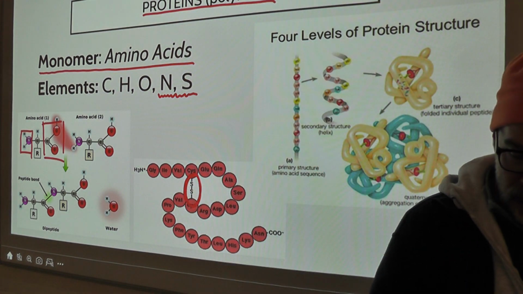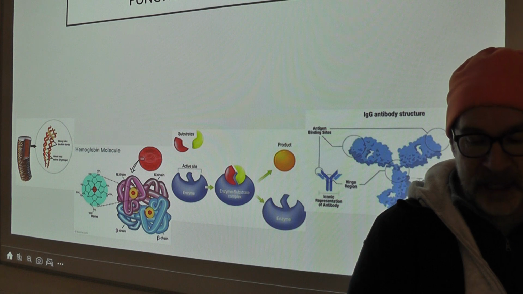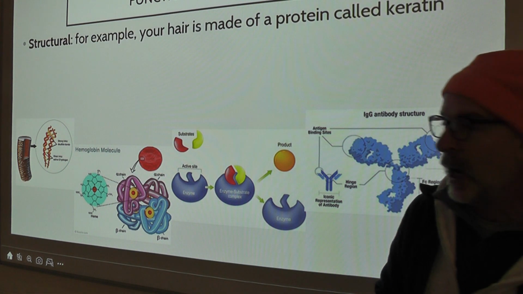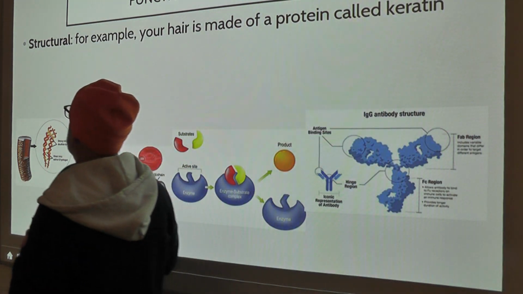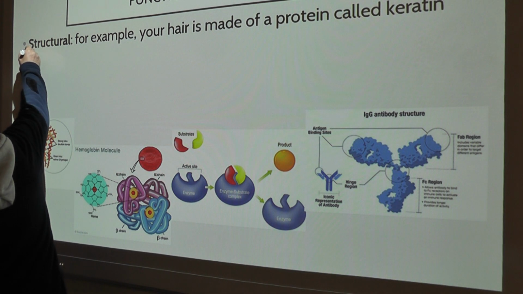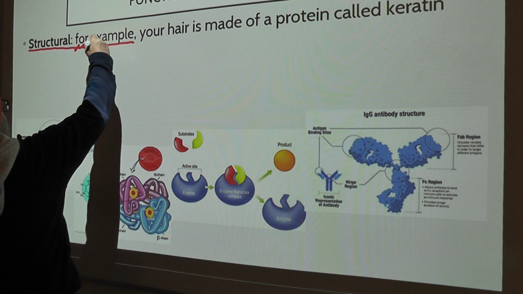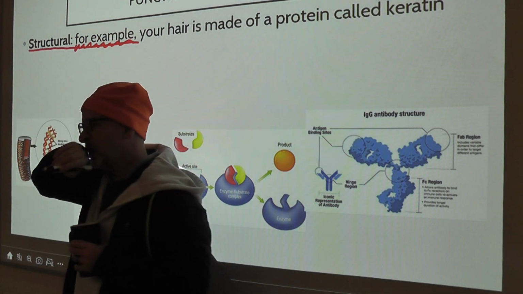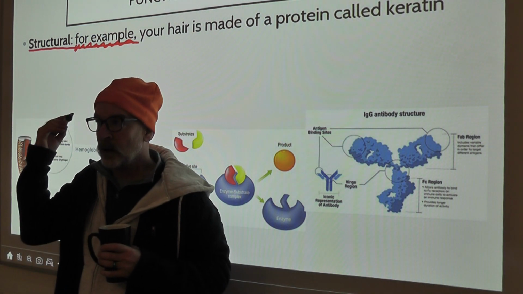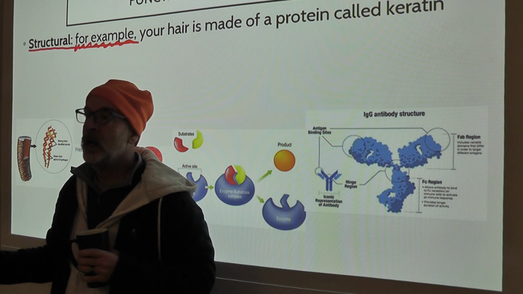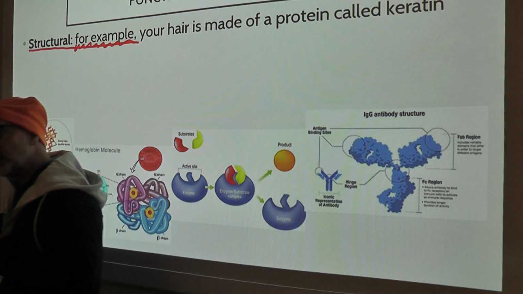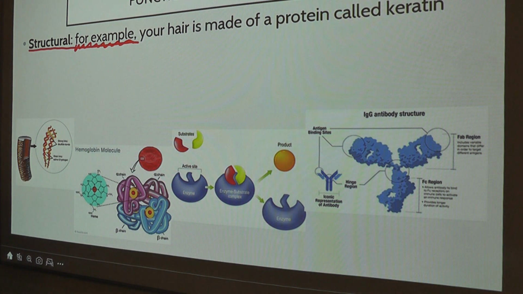When we think about the functions of proteins, there's a couple things that we'll focus on. One is structure. Structural proteins are often used for structure: hair, your fingernails, cartilage, connective tissue in our bodies.